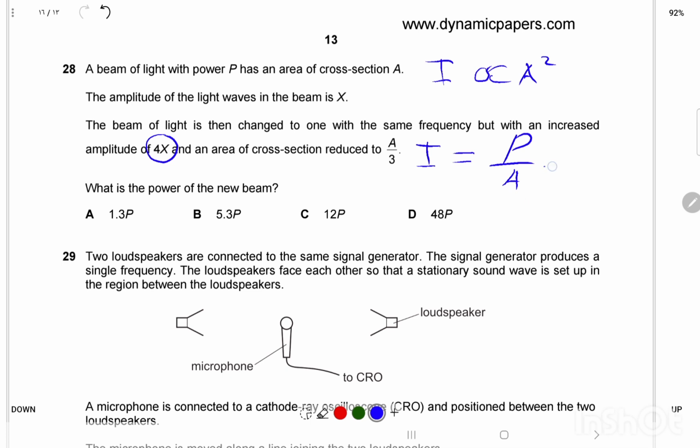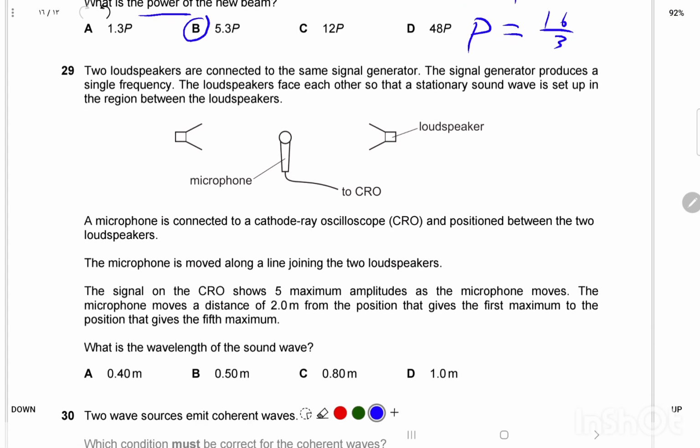So here you can rearrange this equation to get power is equal to intensity times area, because here we need the power of the new beam. So intensity has increased 16 times and area has decreased 3 times. So power is equal to 16 divided by 3, which means option B is the correct answer.